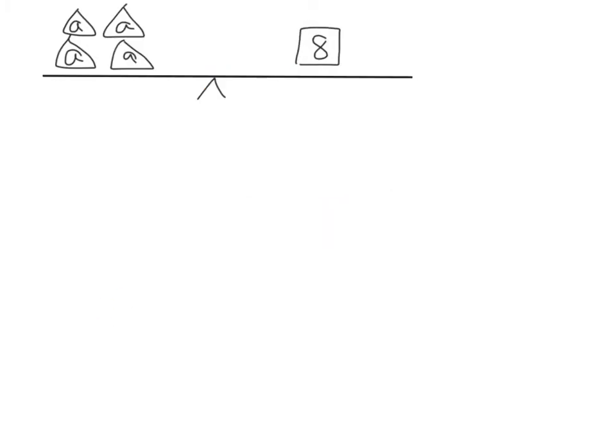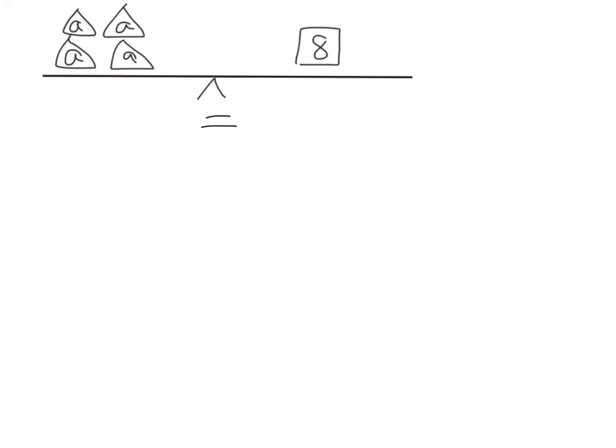In this one, I have 4 a boxes over here, and I don't know how much is in each box, but I know I have 8 over here. So if these are supposed to stay equal, of these 8, I need to split them into 4 different groups. So I need to take 8 divided by 4.